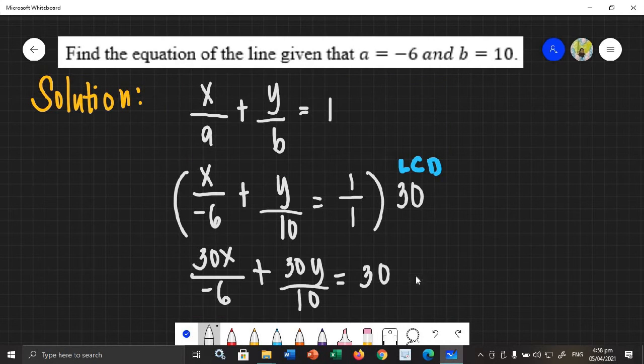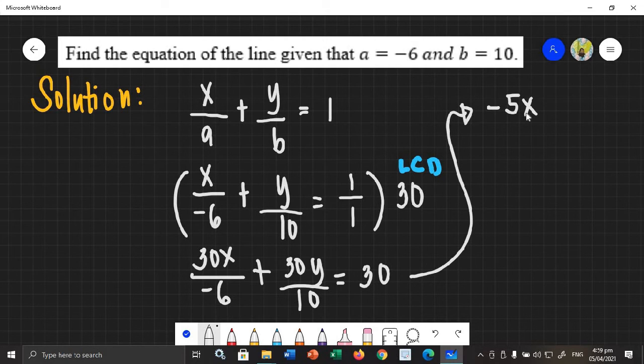Continuing the solution here, for each term in your equation, just simplify. 30x is divisible by negative 6, so just divide. 30x over negative 6 is equal to negative 5x, because we divided 30 by negative 6.